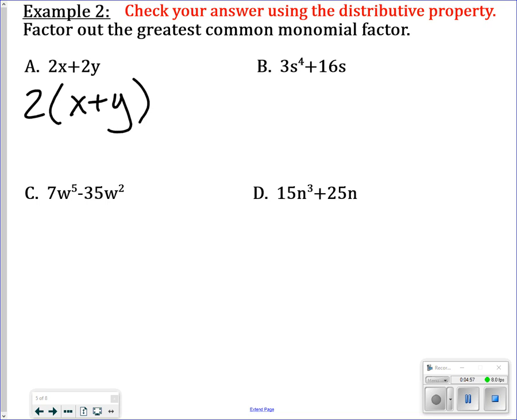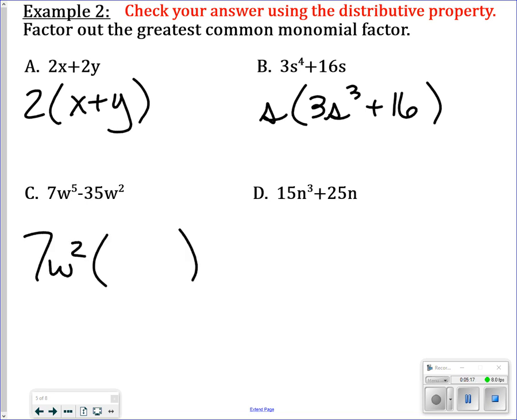What can I take out of both? Neither one is divisible by the same number, but I can take an s out of both. I'm not a big fan of s's because they look like 5. If I take one s away from both, then I'd have 3s cubed plus 16. In the next one, I can take out a number and a letter. Both of them are divisible by 7, and I can take away 2 w's from both.